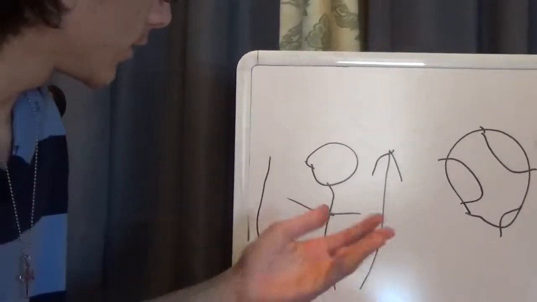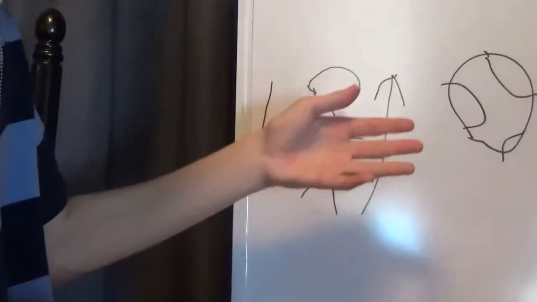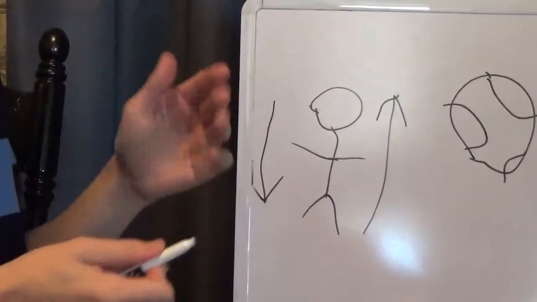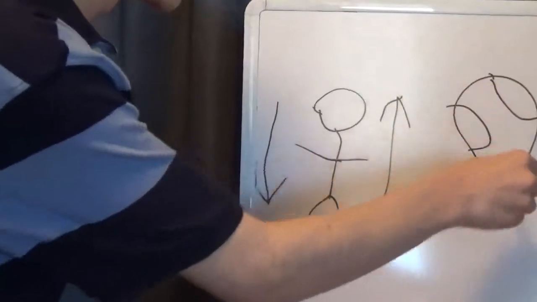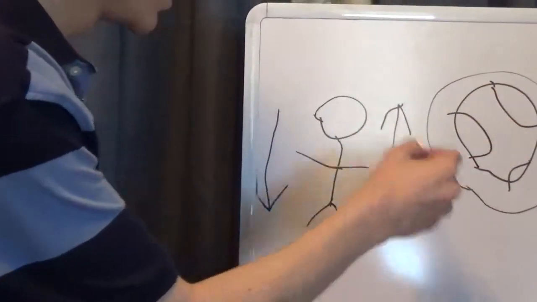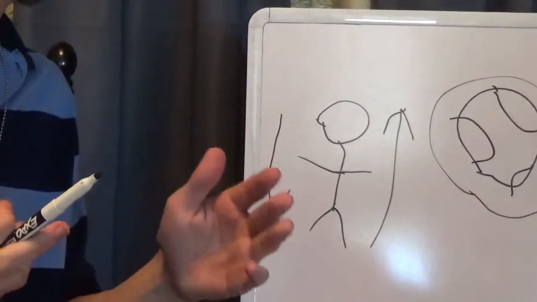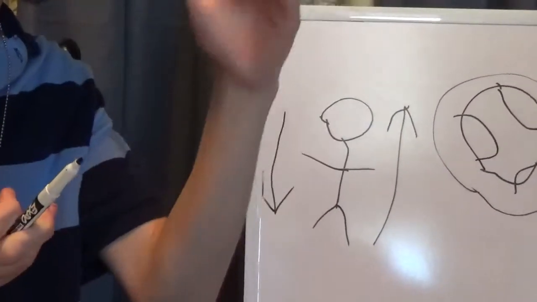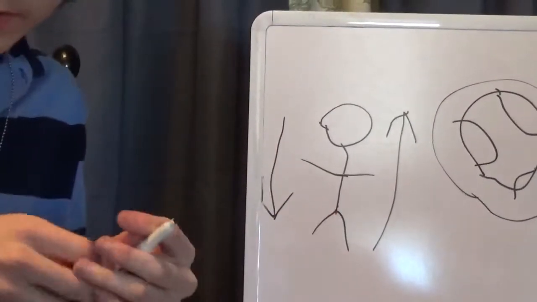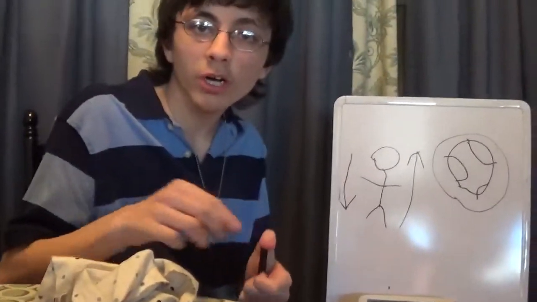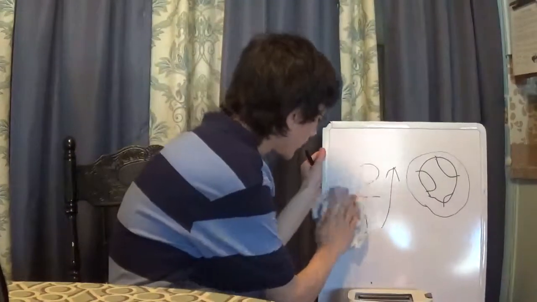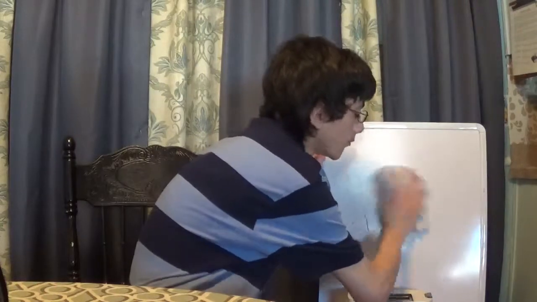The Earth is putting force on us. But since the Earth is so massive, and we're so small compared to the Earth, we don't see the Earth make the pull. So those are some of the examples of Isaac's four main laws of motion.